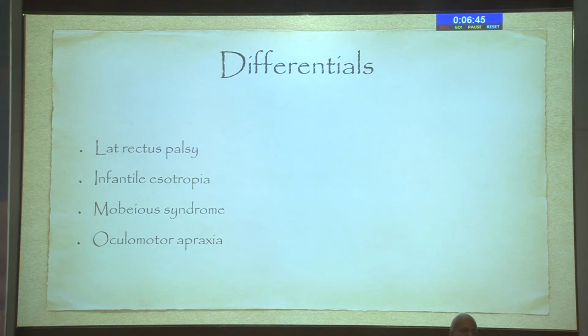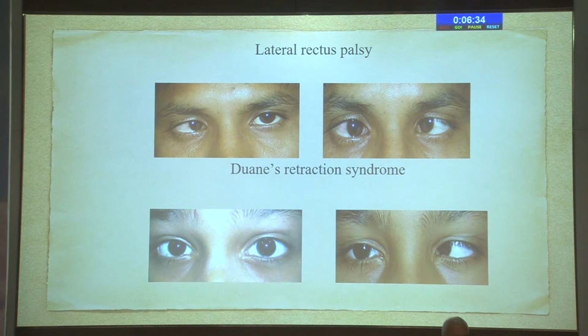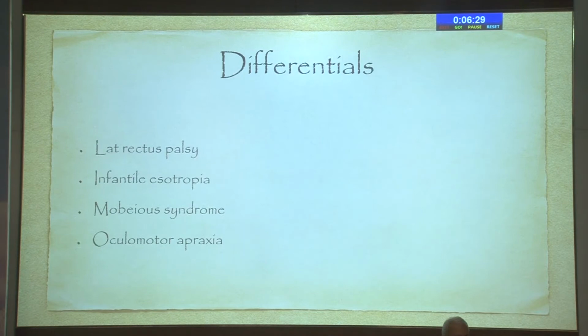When you're looking at esotropic Duane's, it is most likely to be confused with lateral rectus palsy, occasionally infantile esotropia, Mobius syndrome, and rarely oculomotor apraxia.